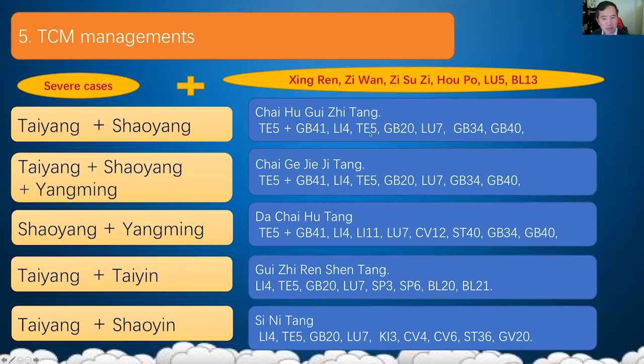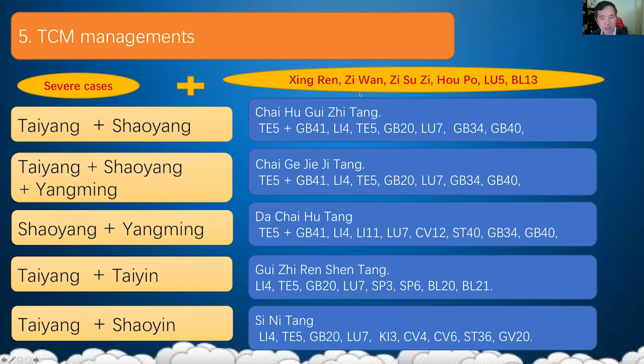So the acupuncture points are also the same, taking care of the situation of the Taiyang and Shaoyang. But the most important thing I have to mention here is that no matter what mixture of different channels, we always have to care for the lung, with points such as Xingren, Zhiwan, Zhishu, Zhihoupu, etc. Why?